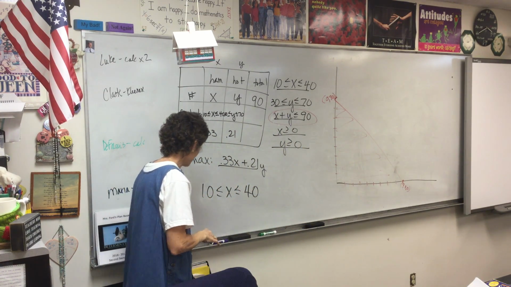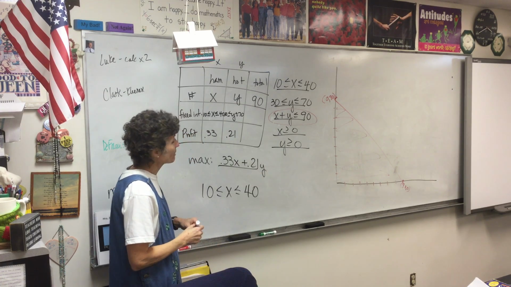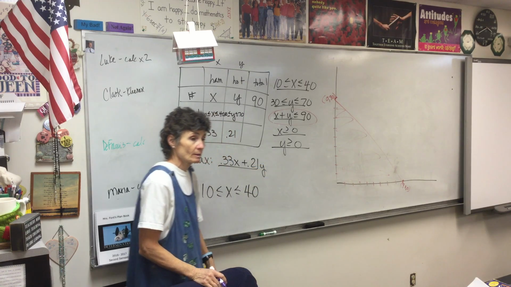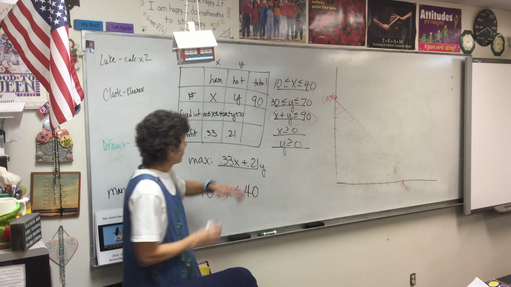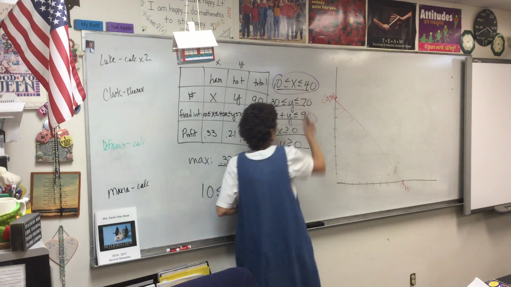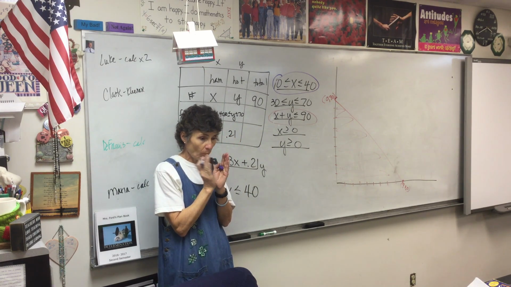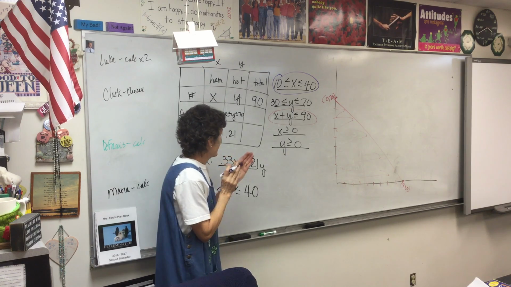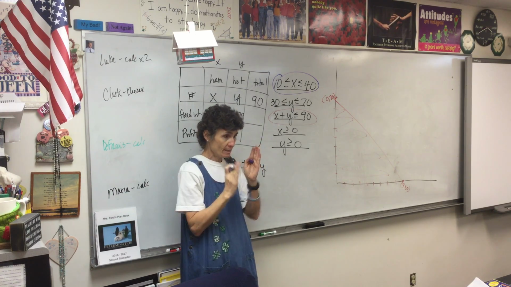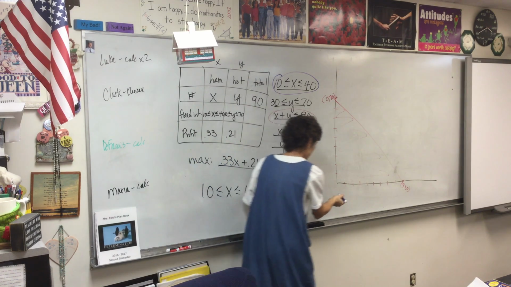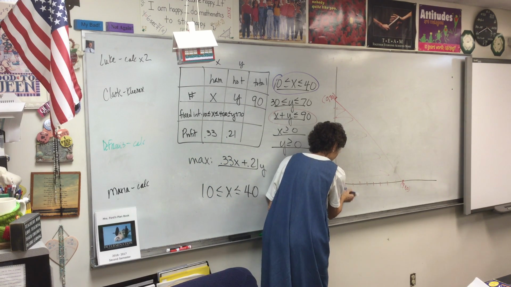I know you're a little bit confused by this problem. Just stay with me. Is that okay? Now, I want you to think about this one. That's saying x, whatever x is, think of your points. Whatever x is, it has to be between 10 and 40. So here's where x is 10, right?